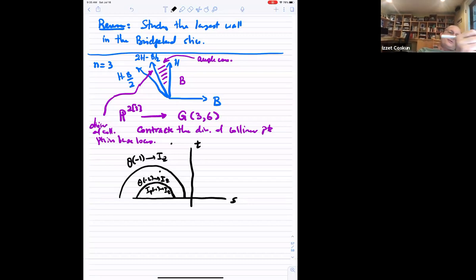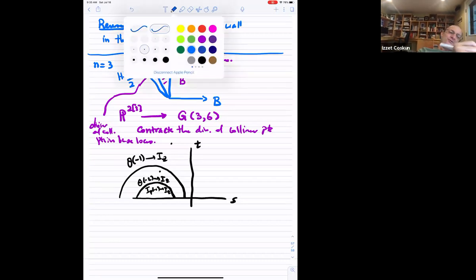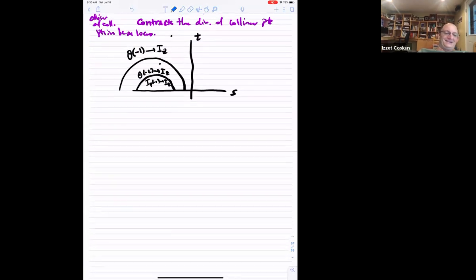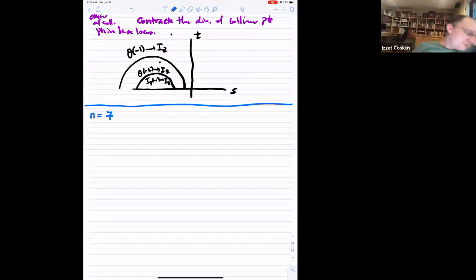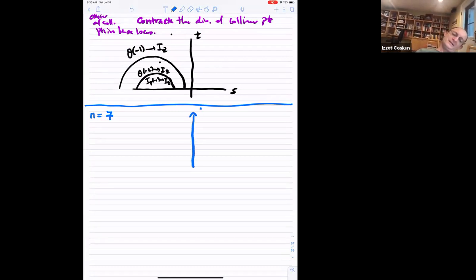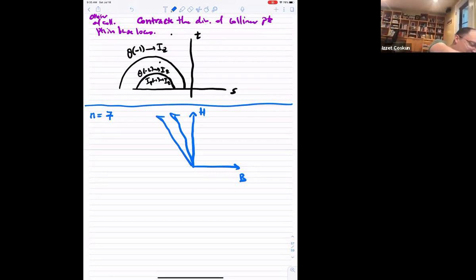And maybe more interestingly, let's also try doing n = 7 or something like this, so that you start getting a sense for what happens. All right, let me see whether I can actually reproduce this. So here is an H, here is my B. There will be many, many things not drawn to scale. Let me see, 1, 2, 3, 4, 5, 6, I think is what I need.